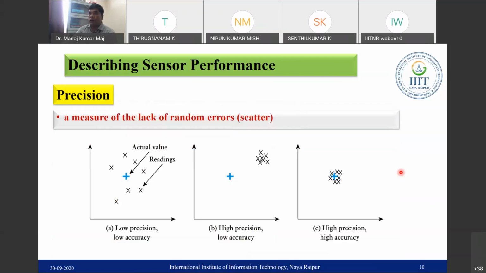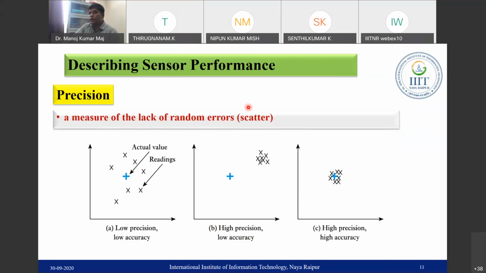And another very important thing is called the precision. So precision can be of three types, like the low precision or the low accuracy, then the high precision, and maybe depending on the different accuracy, it can be measured. So we can see that precision is actually a measure of the lack of random errors.